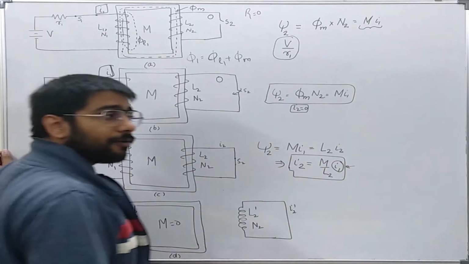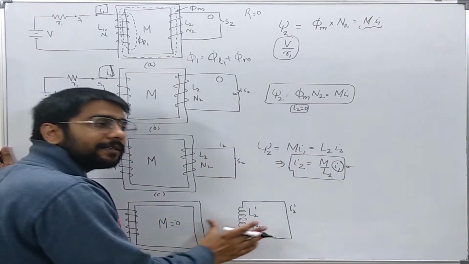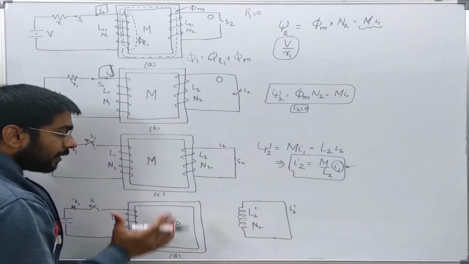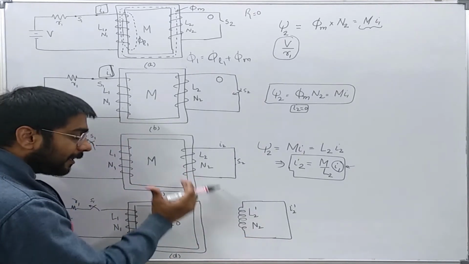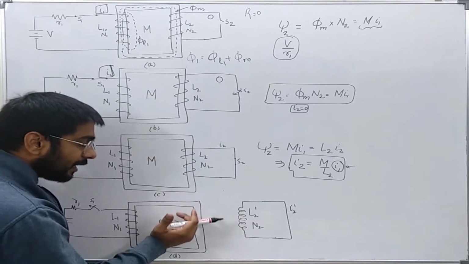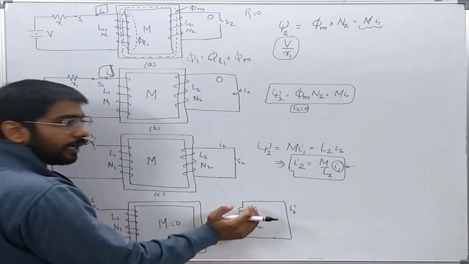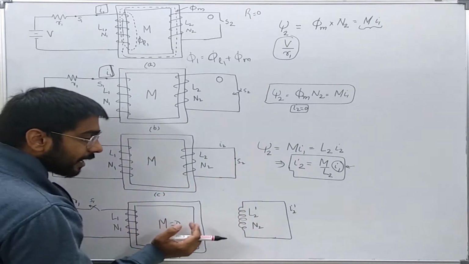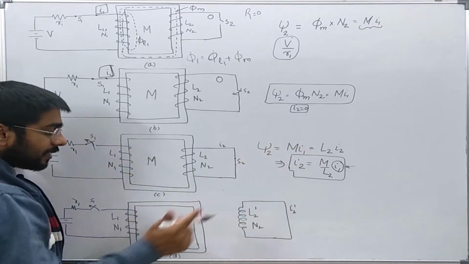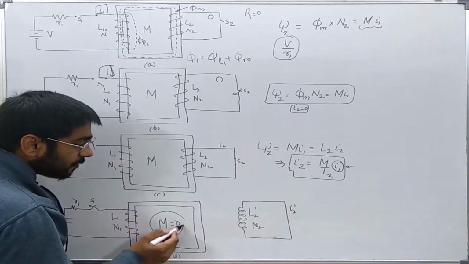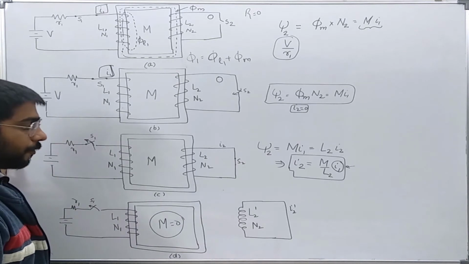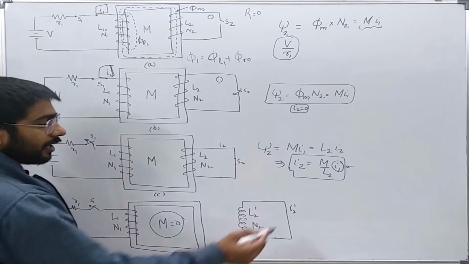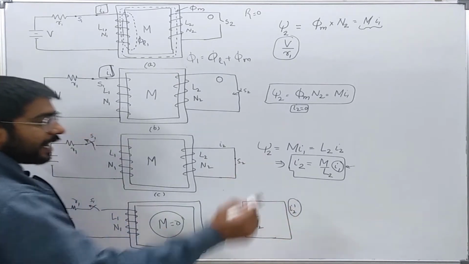Now I have further elaborated the scenario. What I have done now, that with a very thin saw I have cut the iron and taken out the coil. Okay, and the coil is taken away from any iron, such that M is equal to 0 in that scenario. Now we are asked what will be the value of I2 prime.